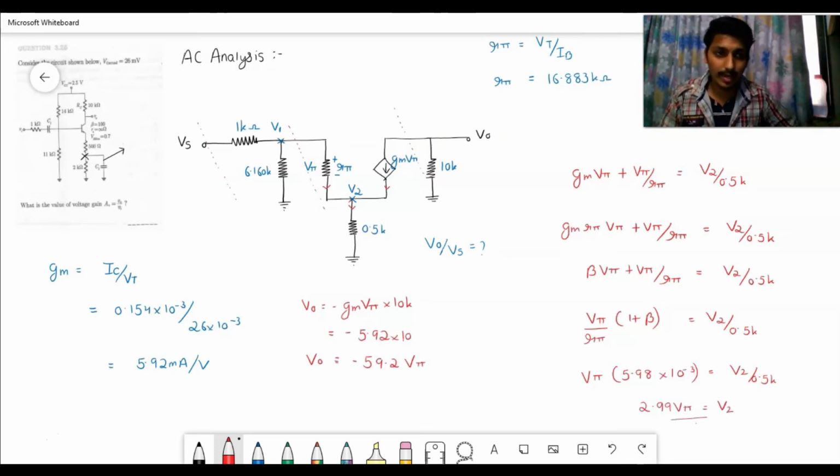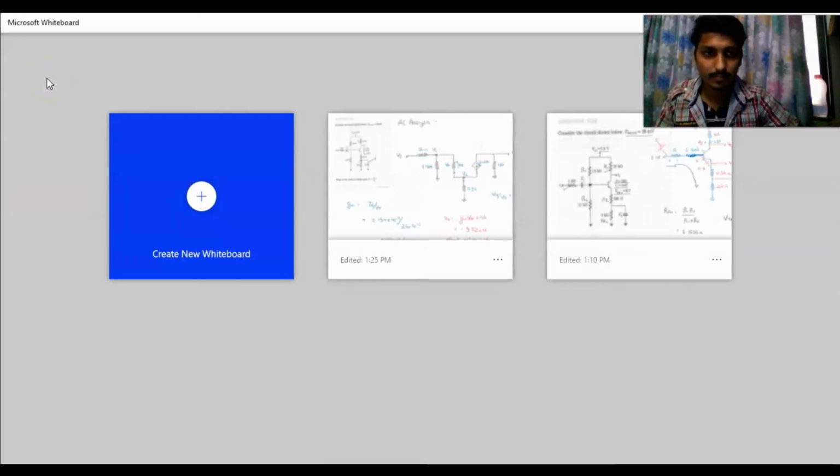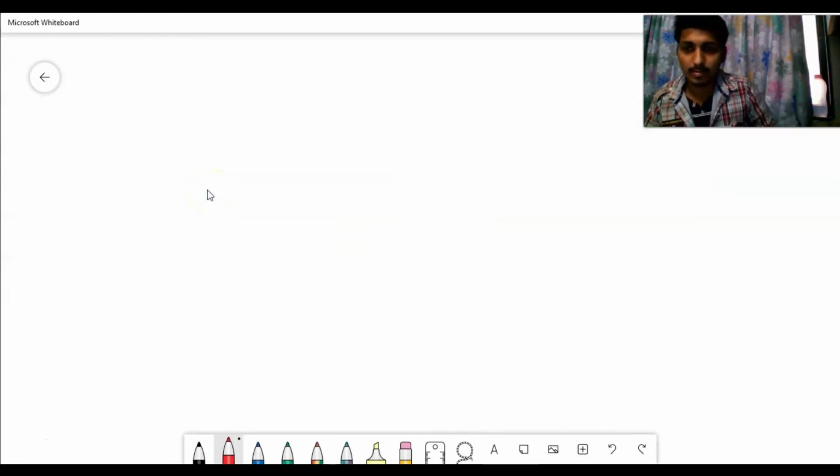So this is 2.99 v pi in terms of v2, but we have to find it in terms of vs. So if we switch to this equation, you can see v1 minus v pi minus v2. So I will switch to another page. Please note down the equation: 2.99 v pi equals v2.